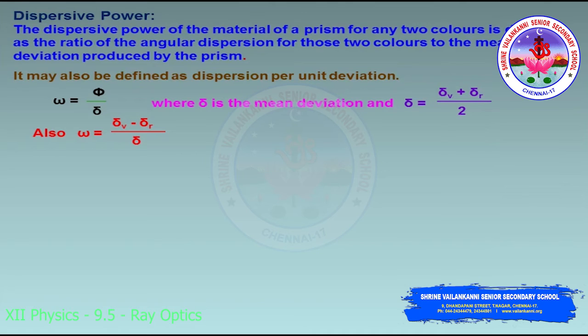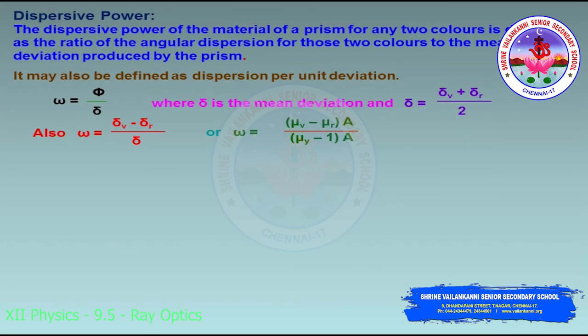Or we can write omega as mu v minus mu r, whole divided by mu y minus 1. For the material of the prism, we take any one color.